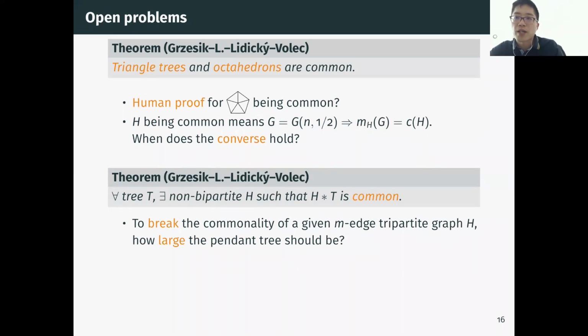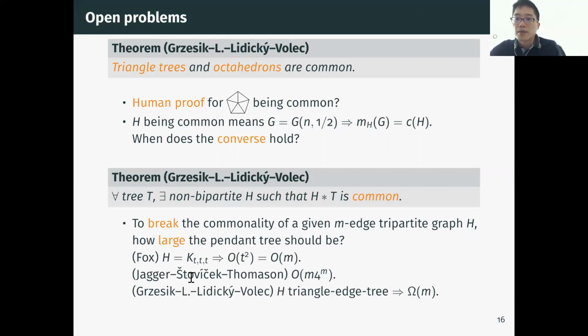So the question is how large the pendant tree should be to break the commonality of the given graph. So here are some examples. What Jacob proved is for K_{t,t,t}, the complete tripartite graph. We don't know whether this is common or not, but let's assume that it's common by assuming our conjecture on the complete tripartite graphs.